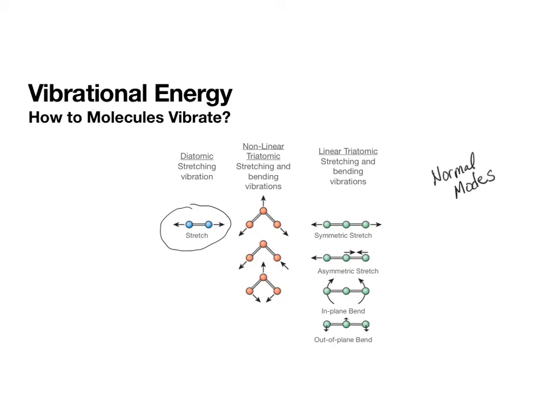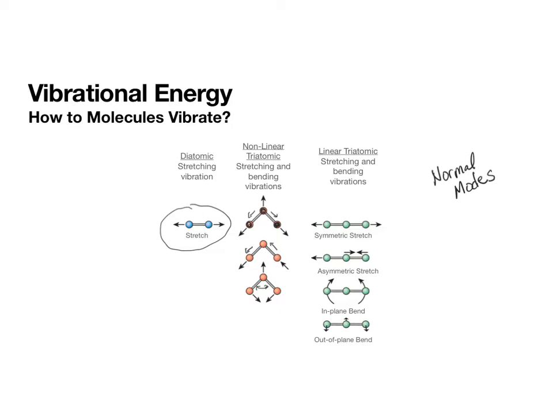If we have a nonlinear triatomic, which means that we have three atoms hooked together, so this is something like water, we can stretch in a couple of different ways, where it's a symmetric stretch, where these bonds are stretching outwards at the same time, or an asymmetric stretch, where one is going in and the other is going out. We can also bend, where this angle between the atoms is changing.